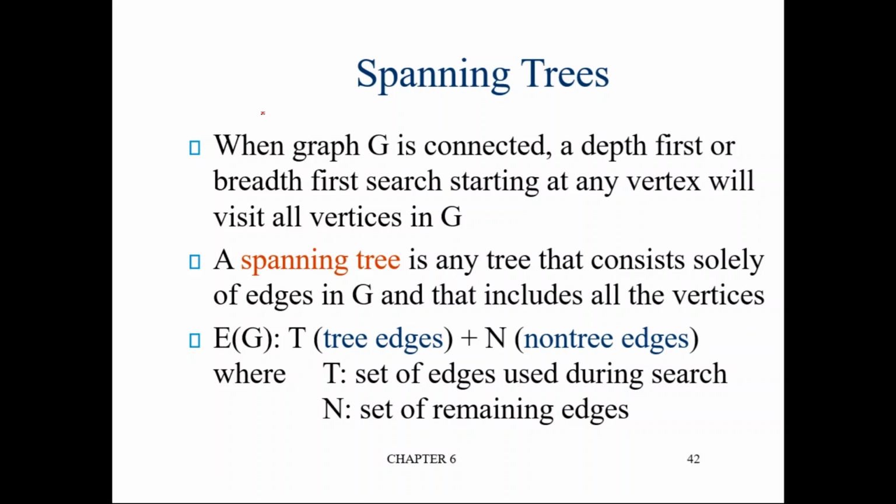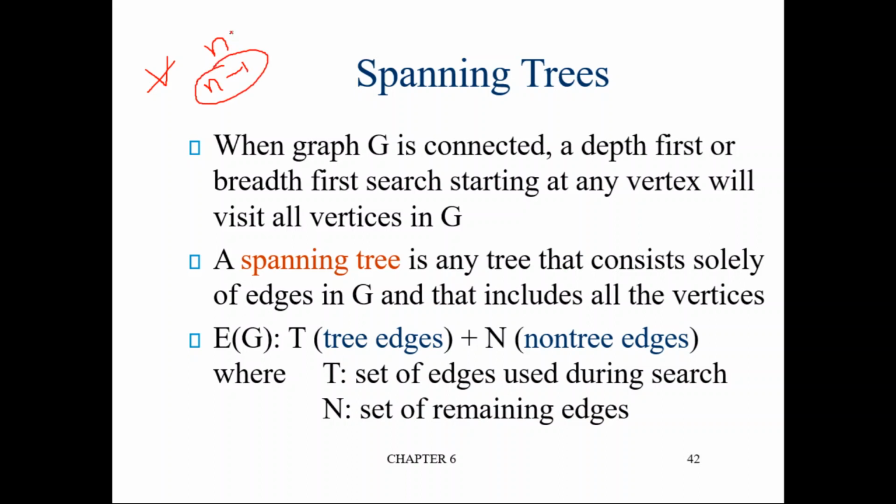If the graph contains n vertices, then the spanning tree can be constructed by using n minus 1 edges. This is the general norm.